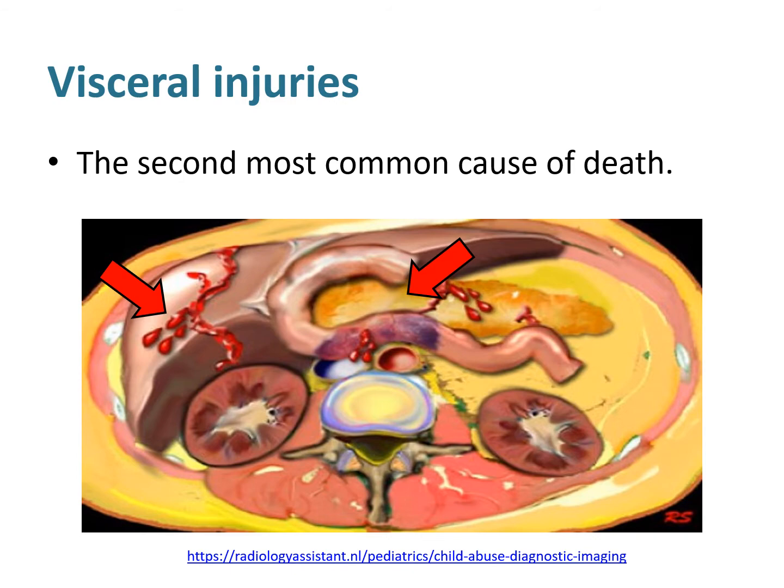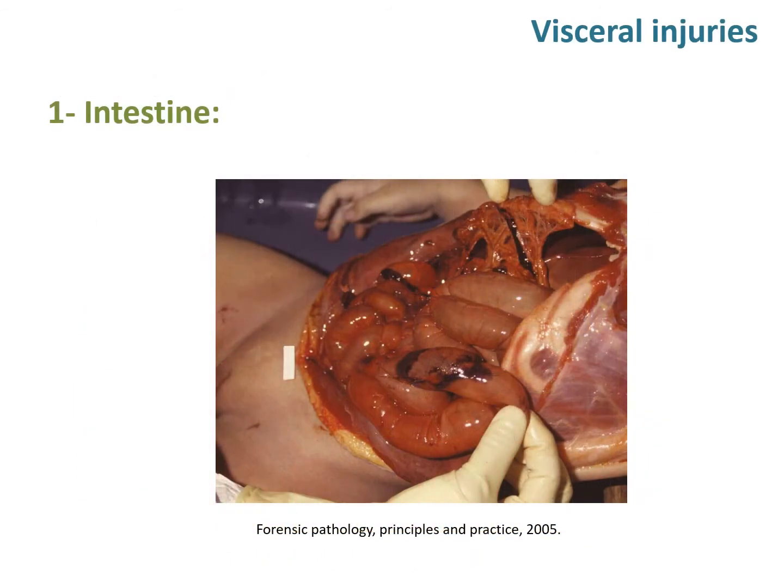The injury may include the intestine, because the duodenum and jejunum can be sandwiched between the blow on the anterior abdominal wall and the lumbar spine. So the jejunum and duodenum can be crushed or even completely transected, and this may lead to consequent occurrence of peritonitis and shock.